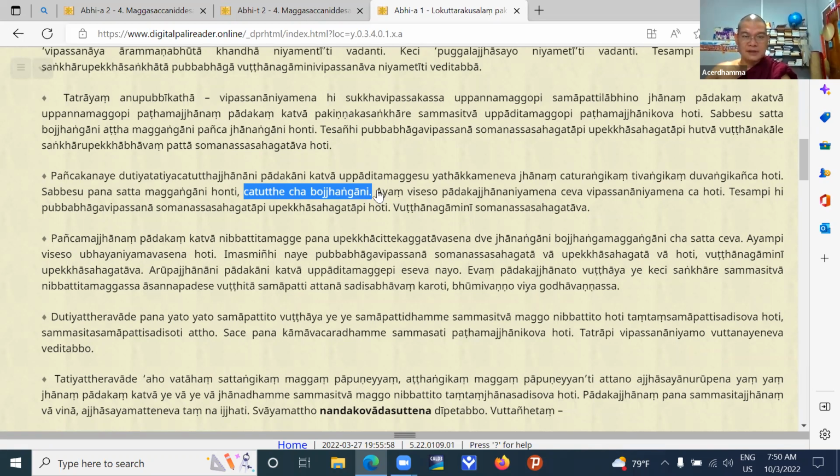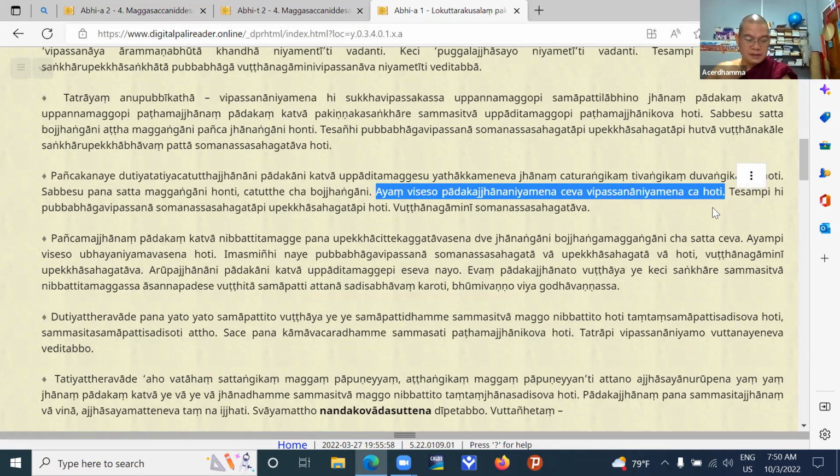Ayaviseso, this is the distinction between Padaka Jana Niyama and Vipassana Niyama. So this is the distinction between these 2.